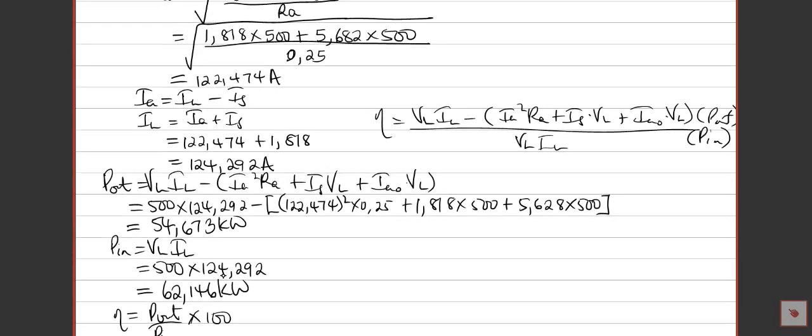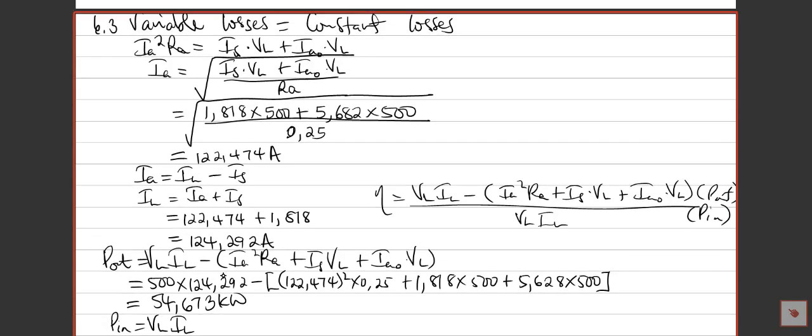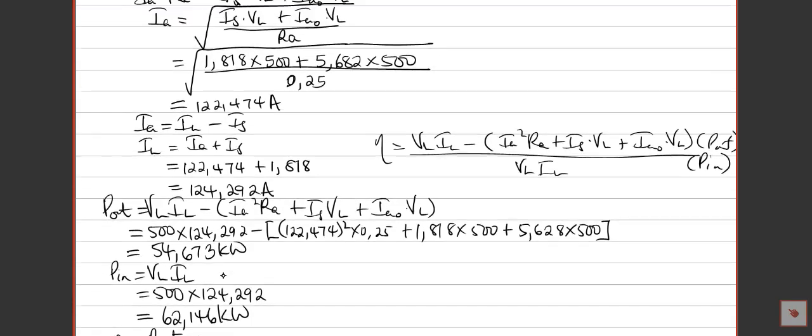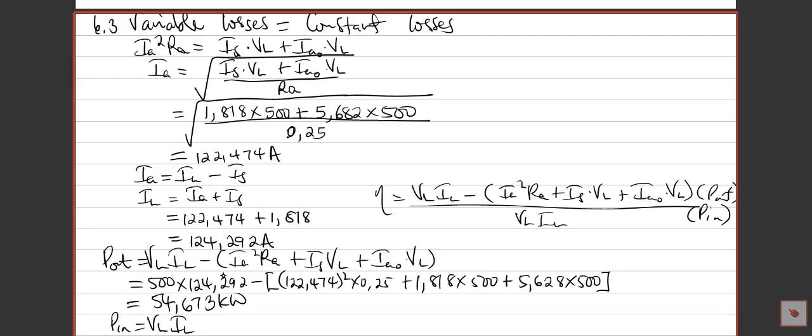So these are the steps you would have to go through if you came across such a question as this one. Just remember, at maximum efficiency, we always say variable losses are equal to constant losses, whereby our first step always is to find our armature current at maximum efficiency.